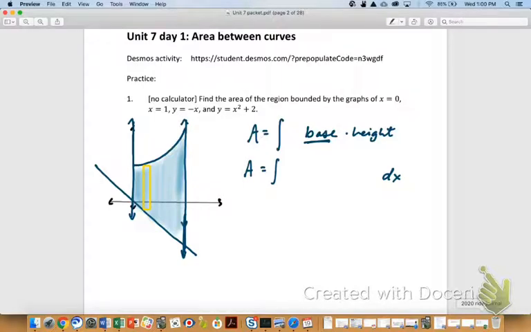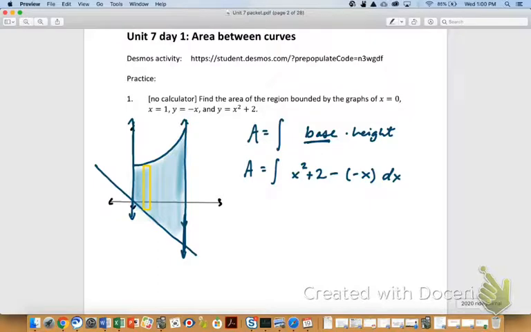So, in this case, the high function is x squared plus 2. And then we subtract the lower function. So it'd be x squared plus 2 minus negative x. The final thing I need to put in here is my interval over which I'm accumulating all this area.